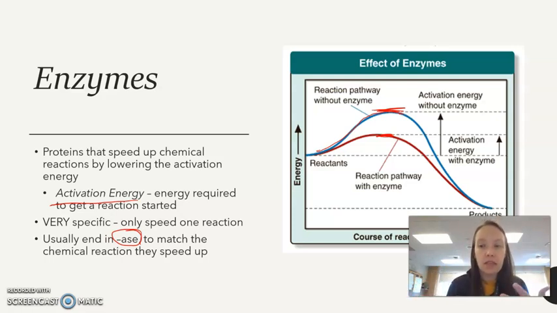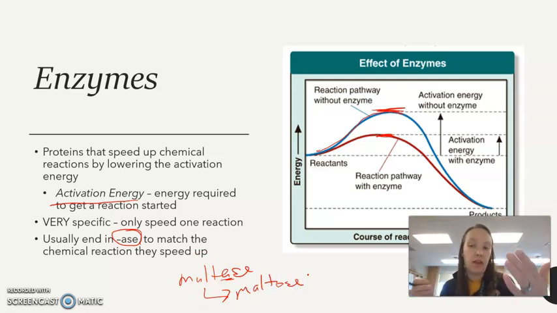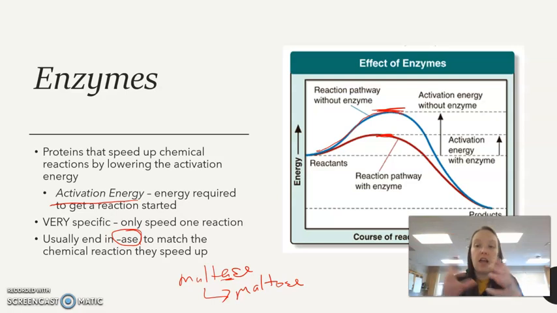In this case, with enzymes, you're going to see ACE at the end of it. So maltase is going to be doing something with maltose. So in the reaction I was telling you about was making maltose. So maltase making maltose, right? That's your enzyme. It's helping that reaction occur.